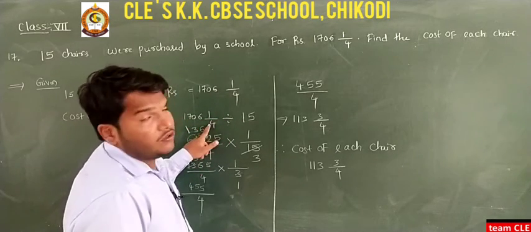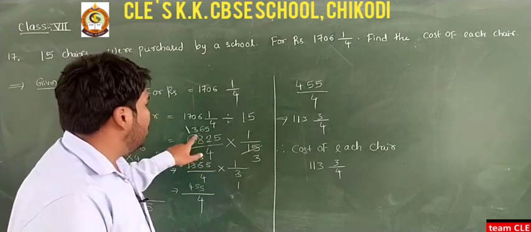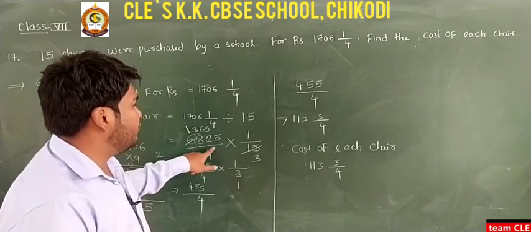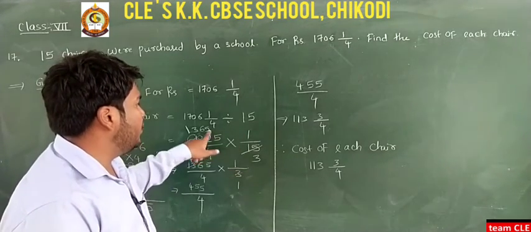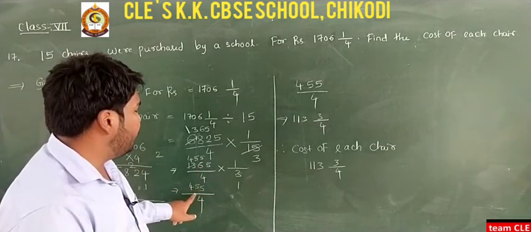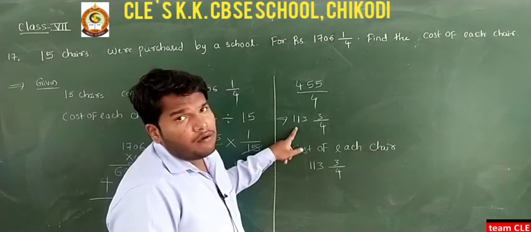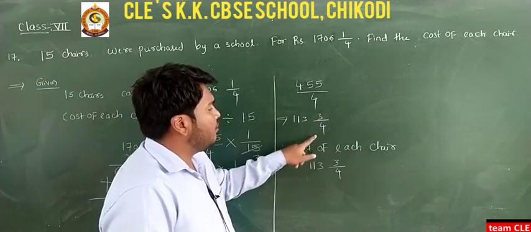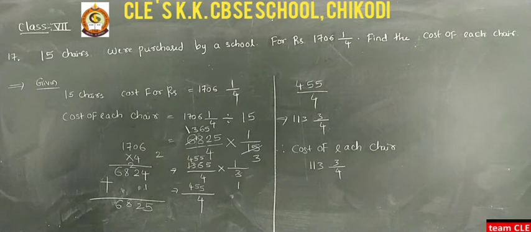Convert the mixed fraction into an improper fraction, getting 6825 by 4 into 1 by 15. Then reduce, getting 1365 by 4 into 1 by 3. Again reduce, getting 455 by 4. Convert this improper fraction into a mixed fraction, 113 integer 3 by 4. So the cost of each chair is 113 integer 3 by 4.